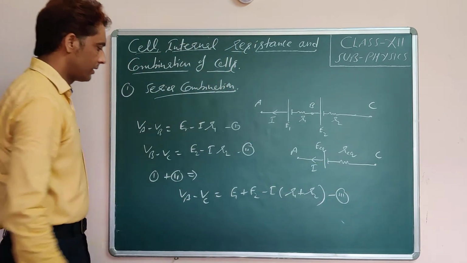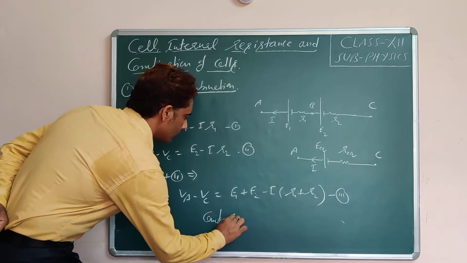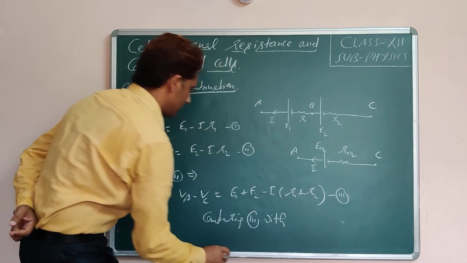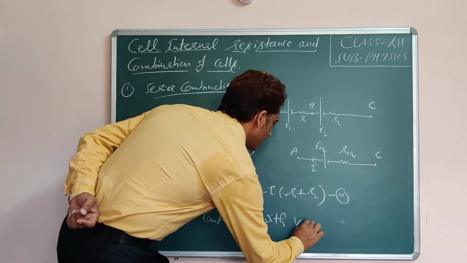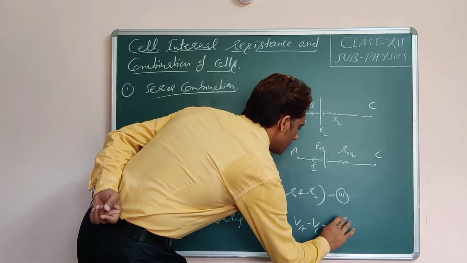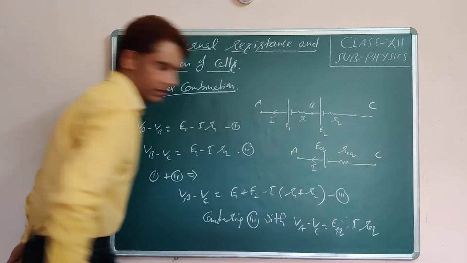So we can compare this with VA minus VC is equal to E equivalent minus I into R equivalent.